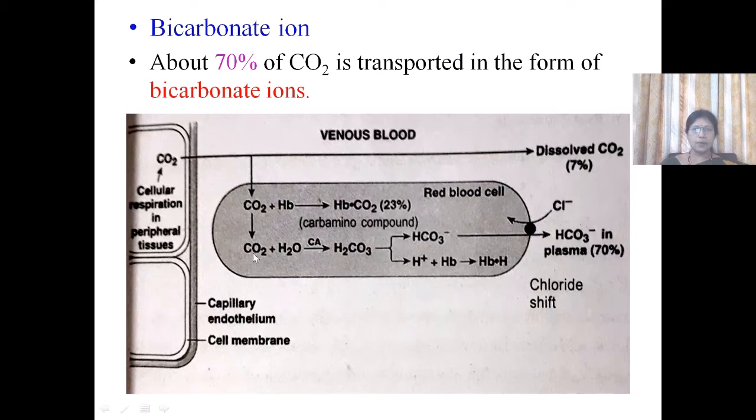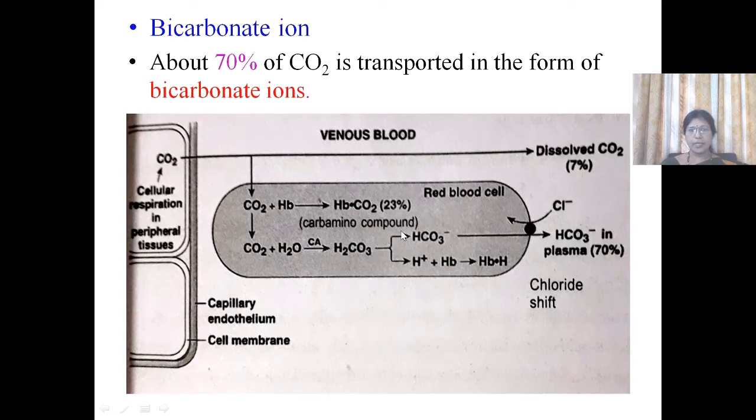And the third form is the formation of bicarbonate ion. Carbon dioxide in the red blood cell reacts with the water present in the red blood cell in the presence of carbonic anhydrase enzyme and forms carbonic acid.